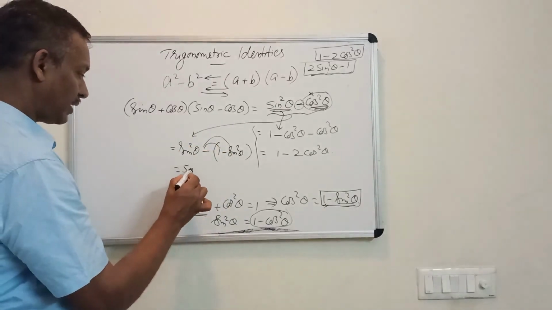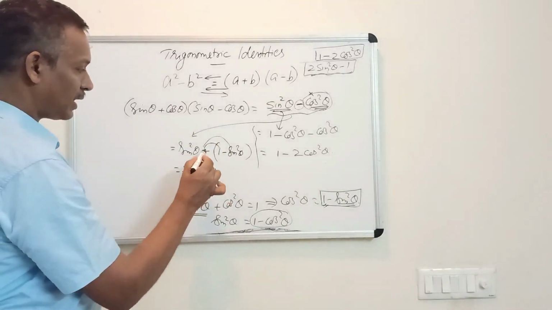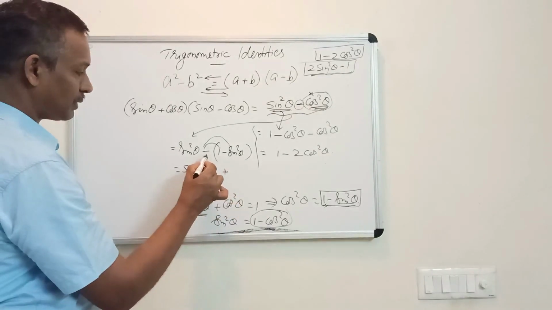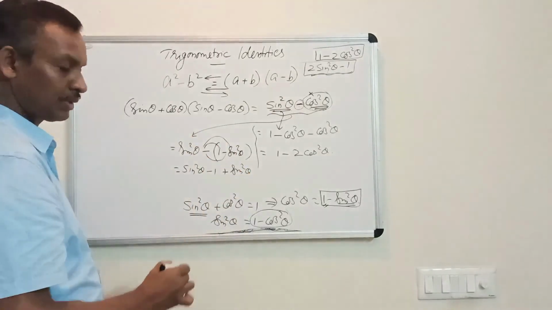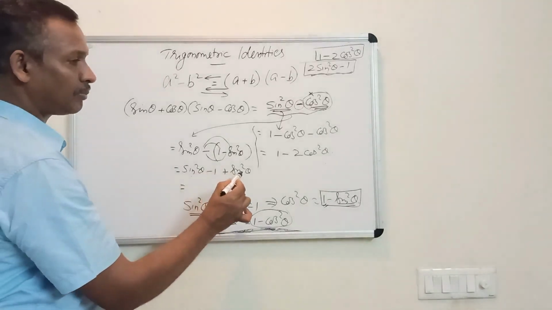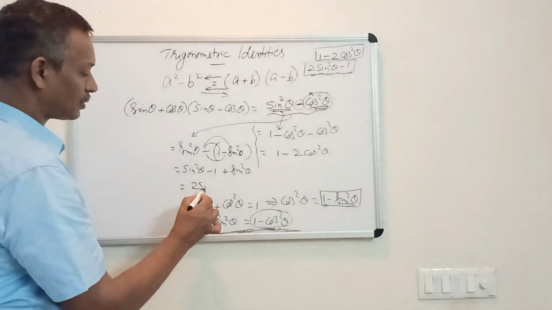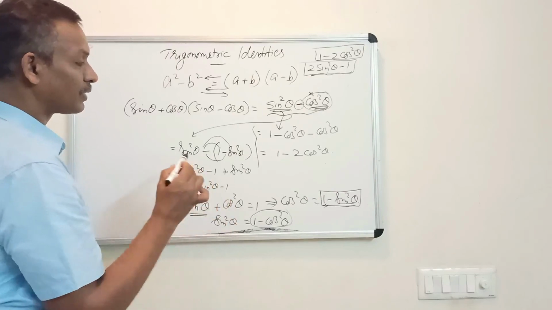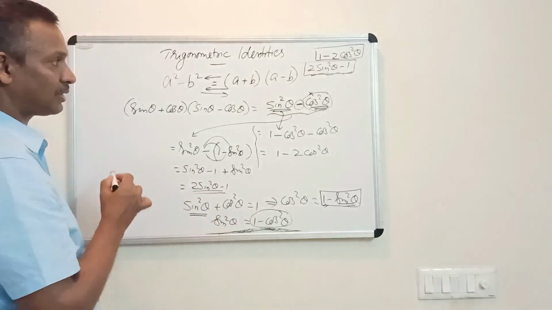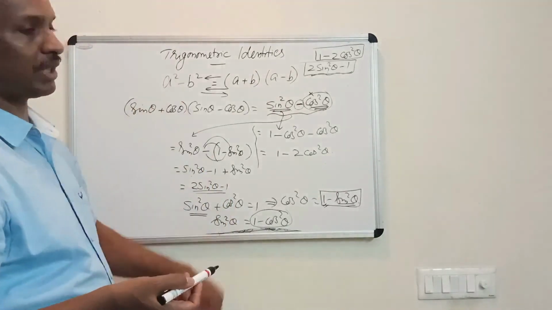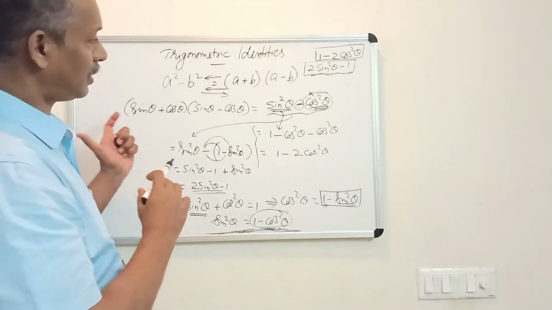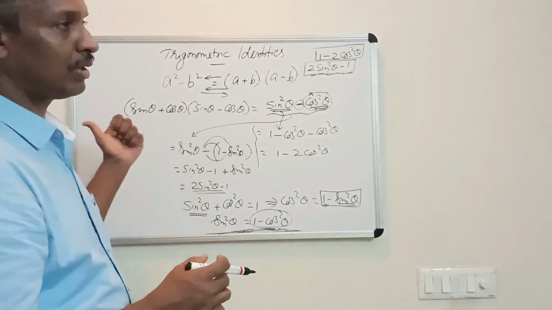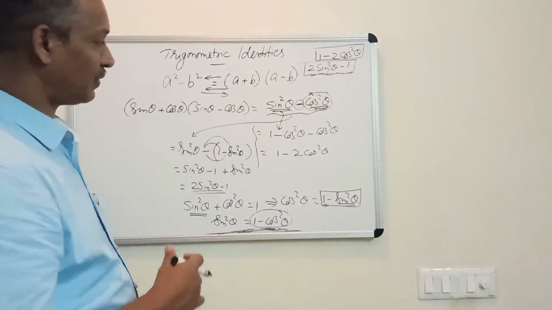So we get sin square theta minus 1, minus minus will multiply and this minus will multiply, and you will get sin square. So sin square theta plus sin square theta, 2 sin square theta minus 1. So we can prove like this. This is one application of a square minus b square and a plus b into a minus b. So it goes either from left to right or right to left. Both we can see.